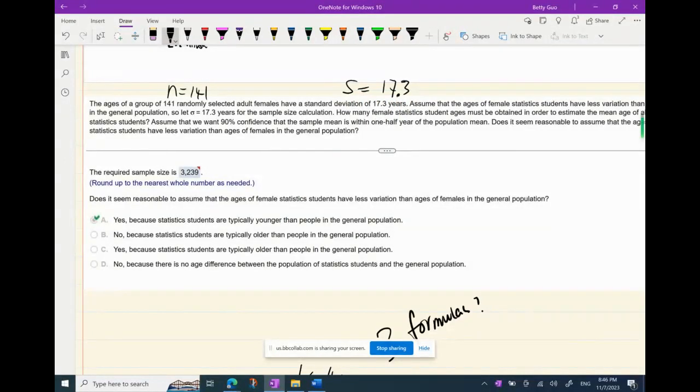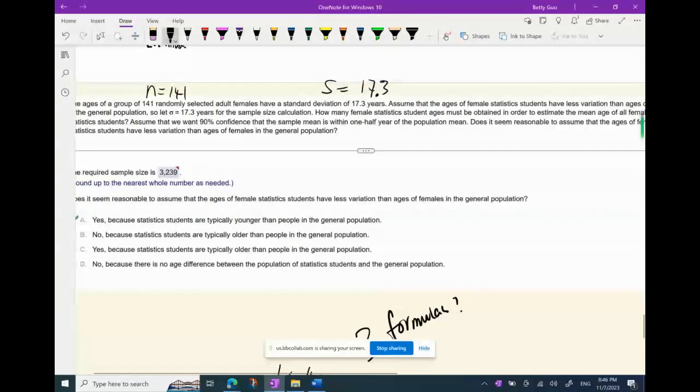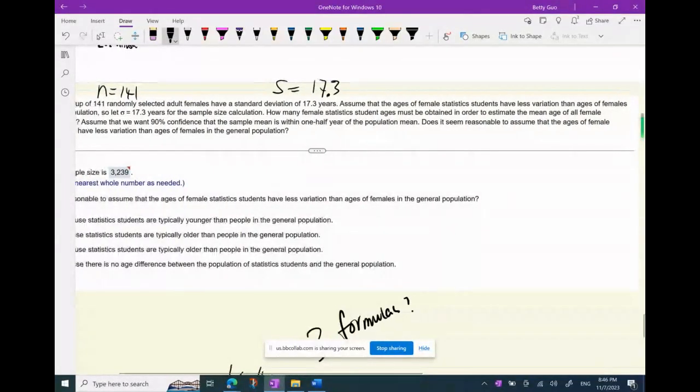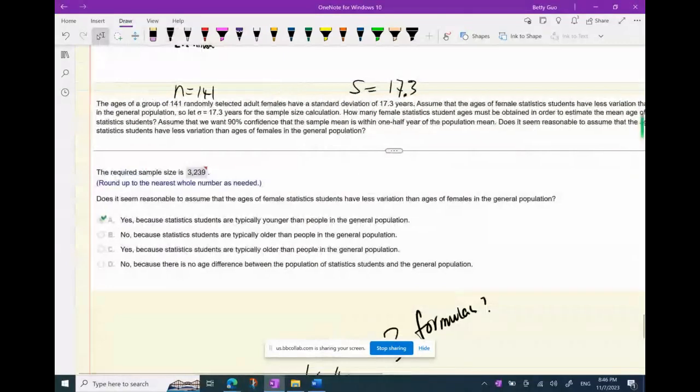Assume that the ages of female statistics students have less variation than ages of females in the general population. That makes sense because they are more similar, right? They are in the same school. Use the population standard deviation for the sample size calculation. How many female statistics students' ages must be obtained?